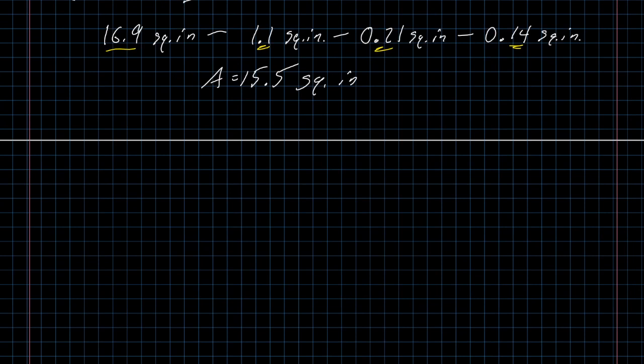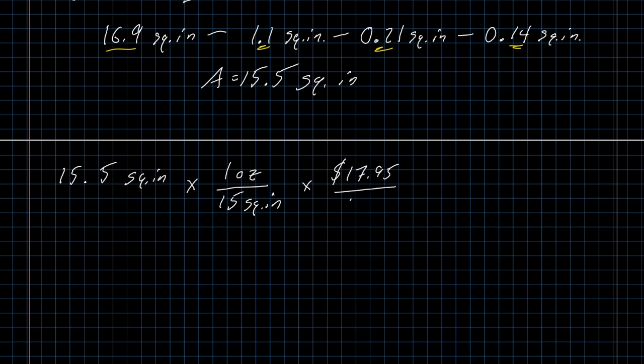So if I take my 15.5 square inches, and I multiply by 1 ounce over 15 square inches, and I multiply by $17.95 per ounce, and I multiply by 12.